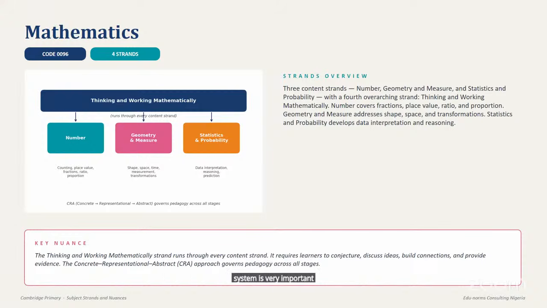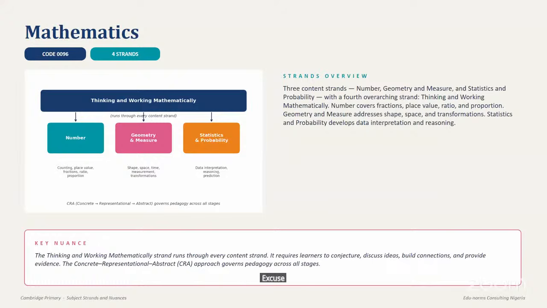If I stop at science and tell us the whys of the strand system, you'll be able to use it for every other thing. Now, let's look at mathematics. Mathematics has strands.